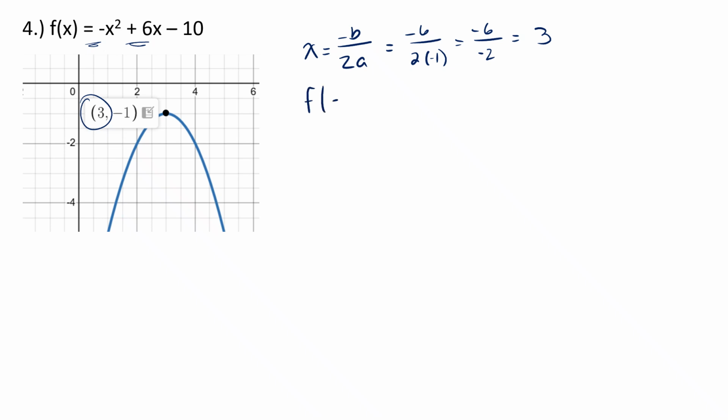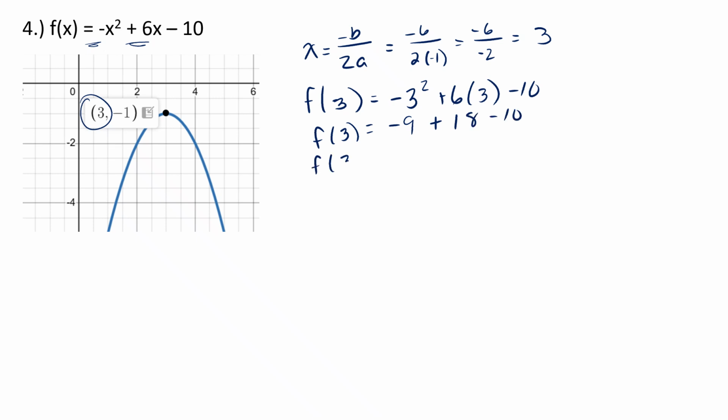And then we're going to plug in that 3. And so this will be -3 squared, which is, this one is -9, not +9. So it's a little bit different than if you were squaring a negative because we're not there. -9 plus 18 is +9, and 9 minus 10 is -1.